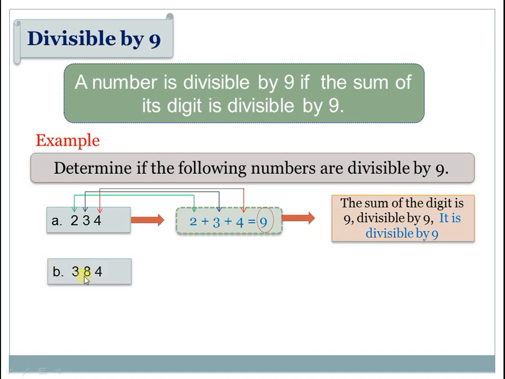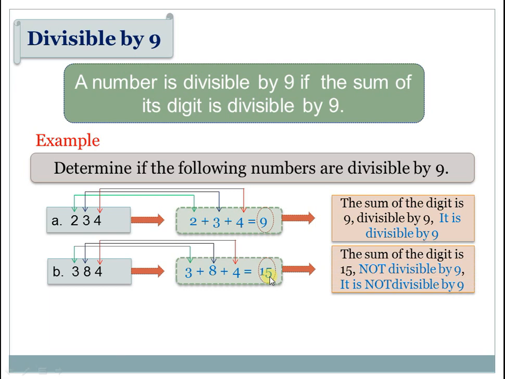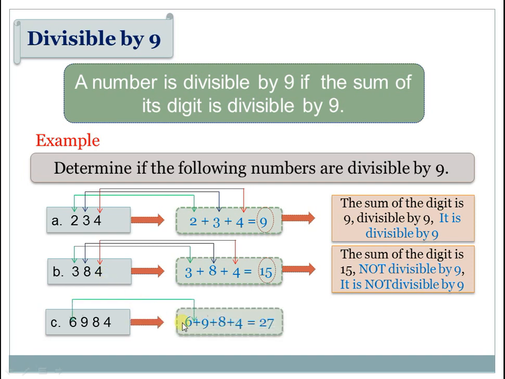What about 384? Let us see. So we have 3 plus 8 plus 4 is equal to 15. 15 cannot be divided by 9. Therefore, 384 is not divisible by 9. What about 6,984?